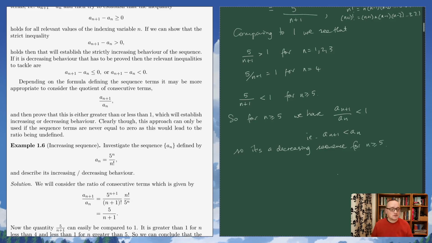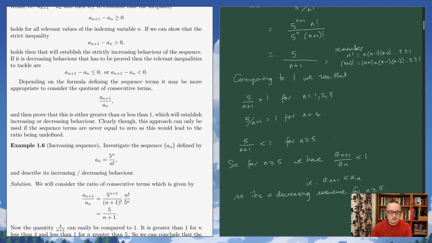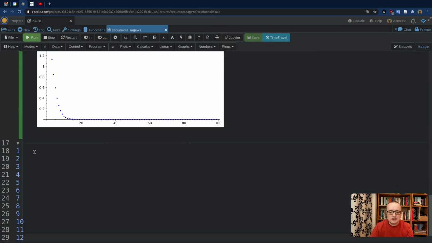So that example shows us one way that we can prove the monotonic behavior of a certain sequence. We could check and verify that using Python, using Sage. So we could define, let's give it a different name, let's call it A, A being the list of this sequence.